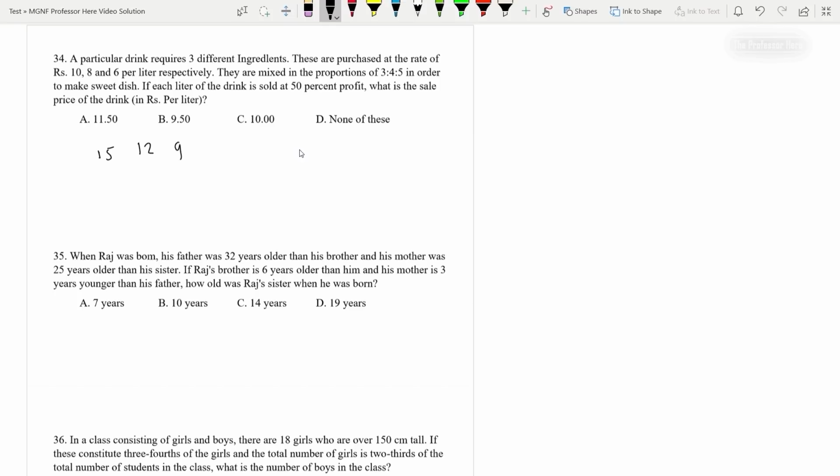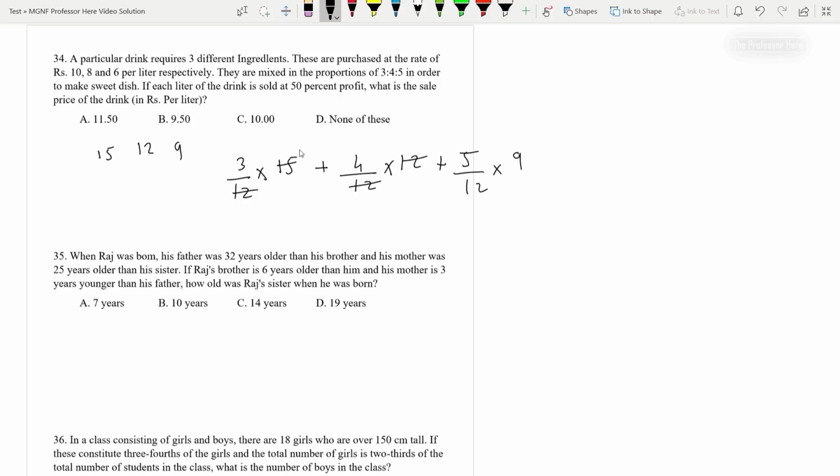Now, as you can see, there is 3 plus 4 plus 5, 12 parts. So 12 parts make 1 liter. To have 1 liter, you have to add 3 by 12 into 15 plus 4 by 12 into 12 plus 5 by 12 into 9.